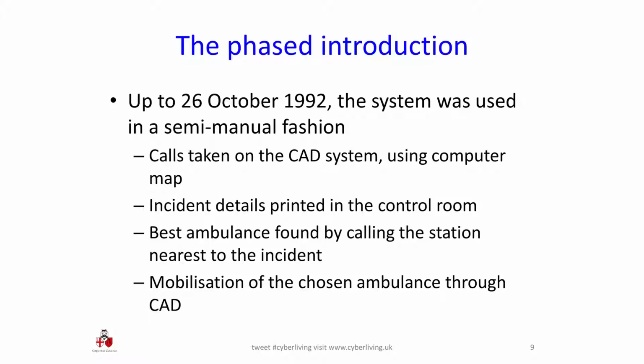So they were taking calls on the computer-aided dispatch system. They were using the computer map and gazetteer, but they were printing out the incident details in the control room. And the best ambulance was being found then by the controller calling the appropriate ambulance station and handing over the details in that way. And then they went back to the computer-aided dispatch system for the mobilization, so the data links were used.